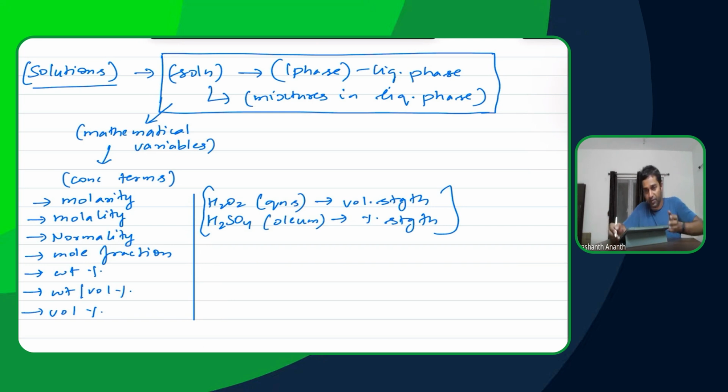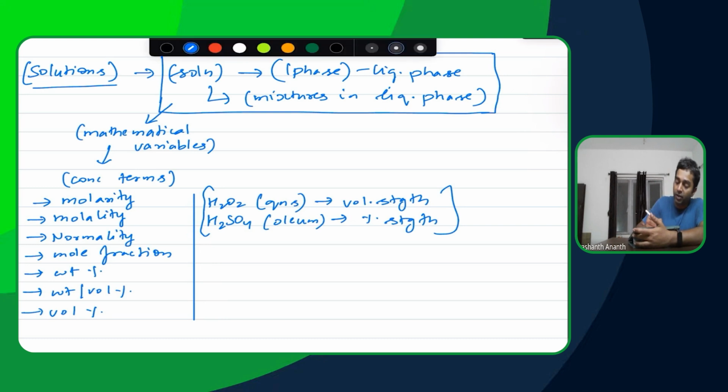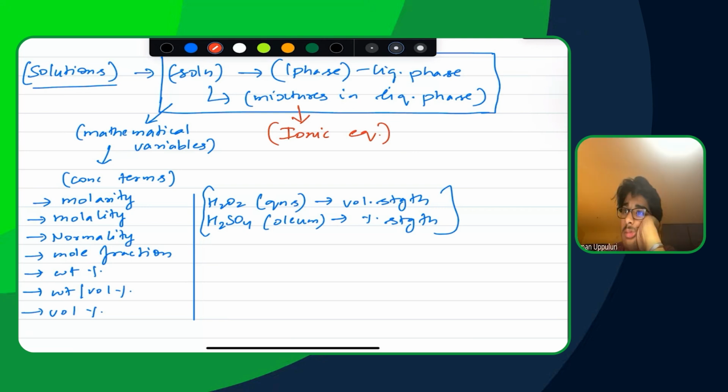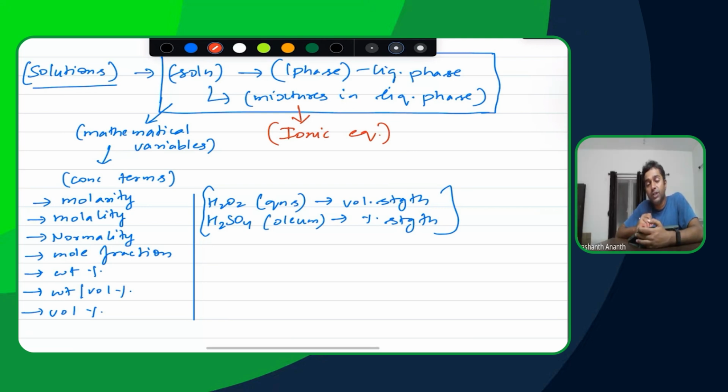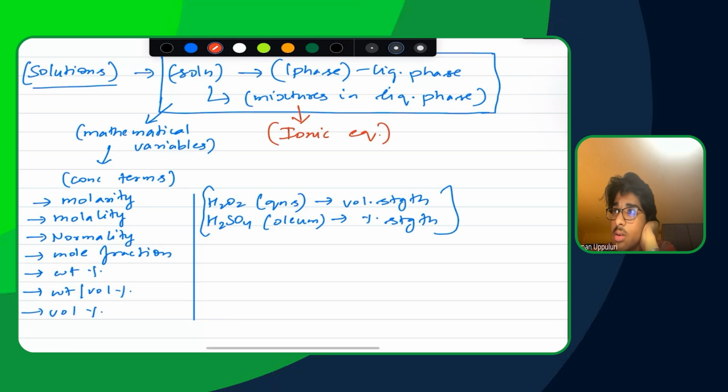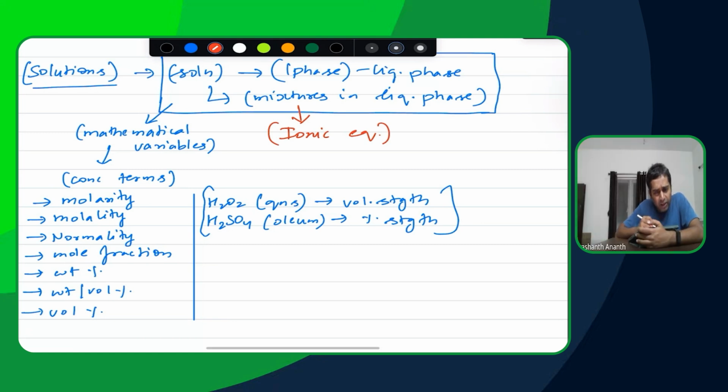For instance, when you talk about solutions over here, you've already learned about solutions a little bit in one other chapter before. Which chapter did you learn about solutions? Ionic equilibrium was a chapter where you completely learned about solutions again. In that chapter, which of these mathematical functions are important? Mole fraction was important in ionic equilibrium, sincerely?